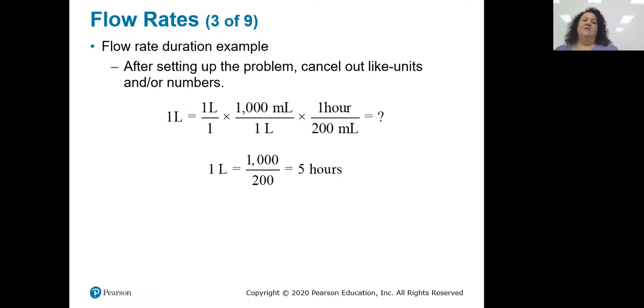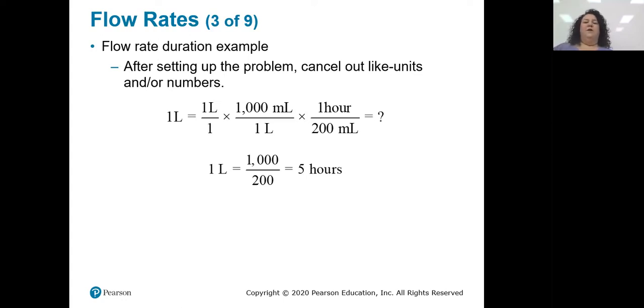Technically, you could cancel out the 1 for 1 hour, because of the 1 from the 1 liter in the second fraction. And it's still just going to leave you with 1 times 1,000, which is still going to equal 1,000. You see where they've carried that down.